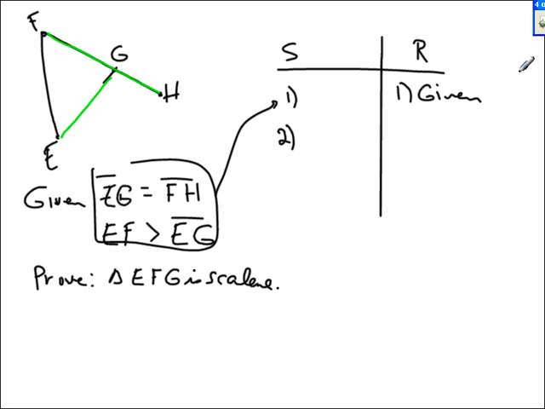We know that FG is smaller than FH. It's part. FG is part of, oops, I meant to say FH, the whole line. FG is smaller.